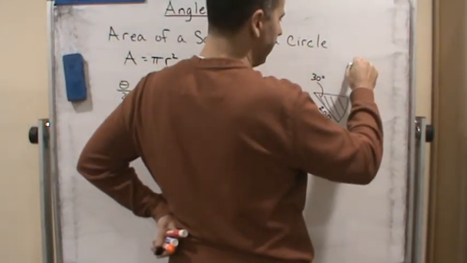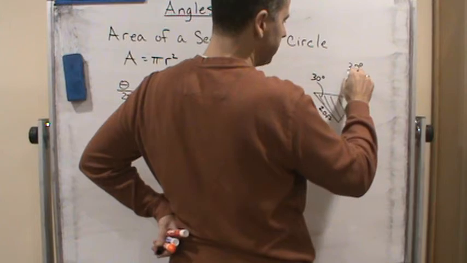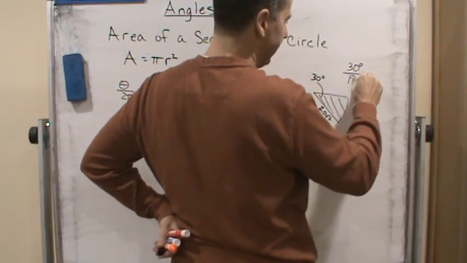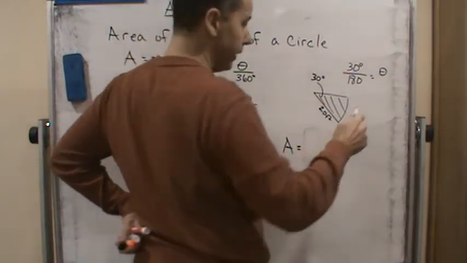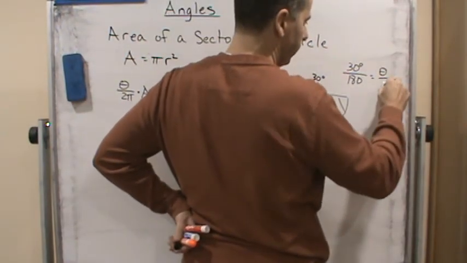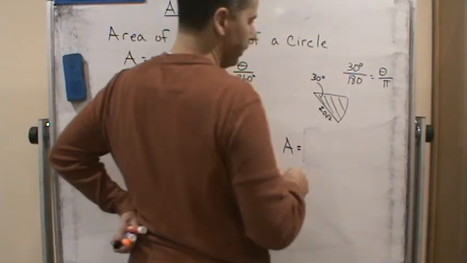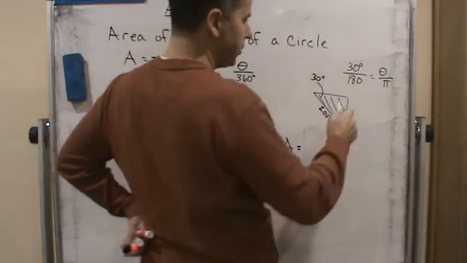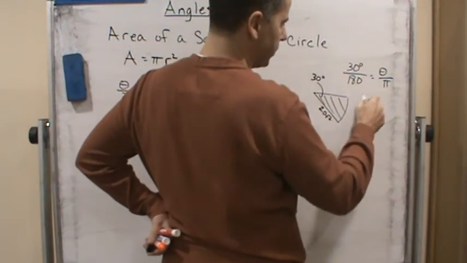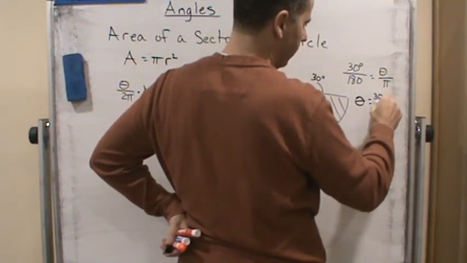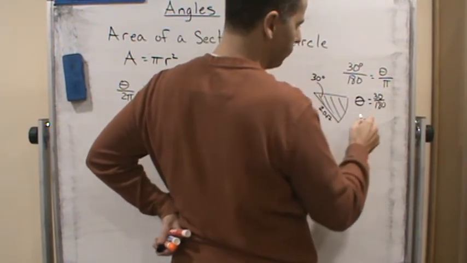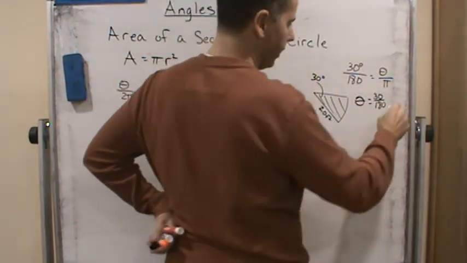So if I had 30 degrees, 30 degrees over 180 is equal to theta, the radian measure, over pi. And so what does this equal? If I multiply both sides by pi, theta equals 30 over 180, which reduces to 1/6 times pi.